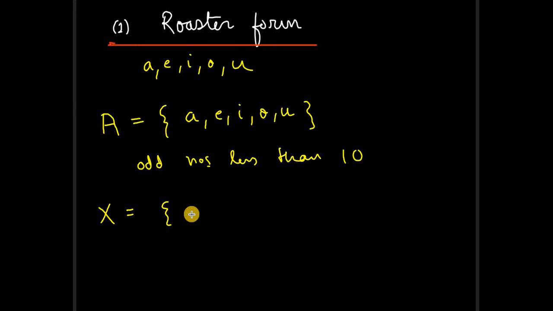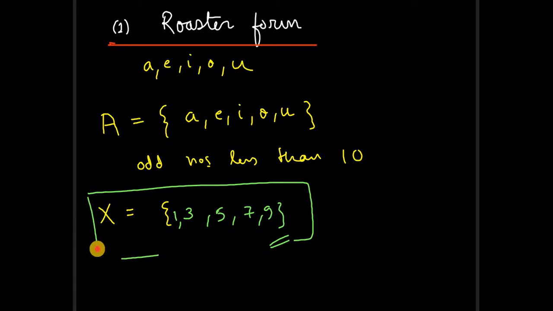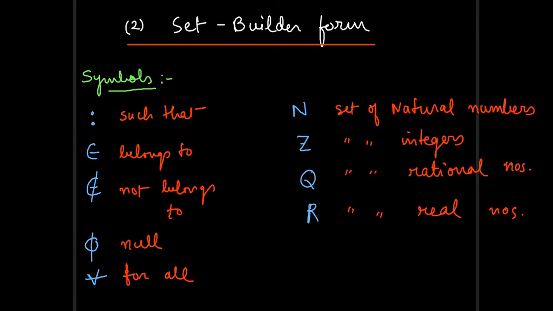Let's say we are taking exactly the positive odd numbers. So we have 1, 3, 5, 7 and 9. This is the set, and this is exactly the roster form in which we can write it.